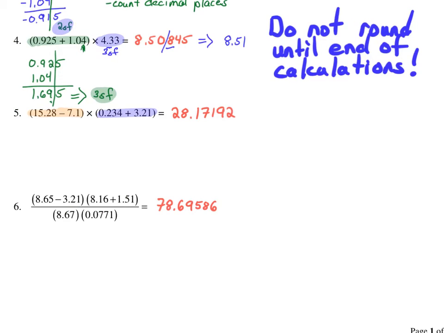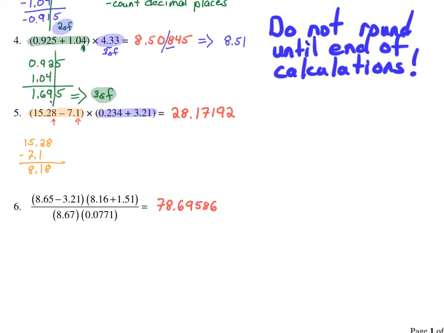In question 5, we have 2 results that are multiplied together. So we need to determine the sig figs in each of these results before we consider how many sig figs result from this multiplication. Looking at the first result, we see we have 2 decimal places here, just 1 decimal place in our second answer.